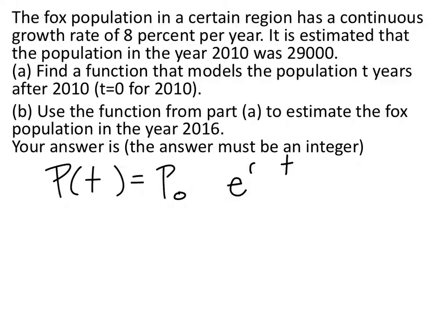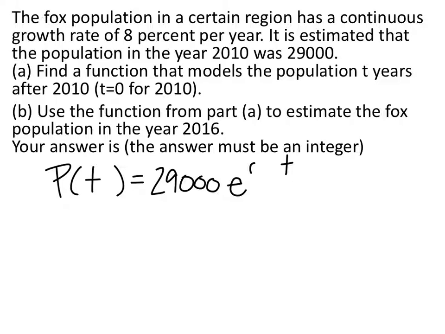Now that's not A, but it should help us to get A, because we know the starting population for us, because the time is 0. Part A says find a function that models the population t years after 2010. Okay, well, my initial population then would be whatever the population was in 2010, which is 29,000.